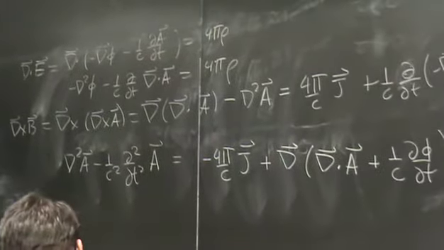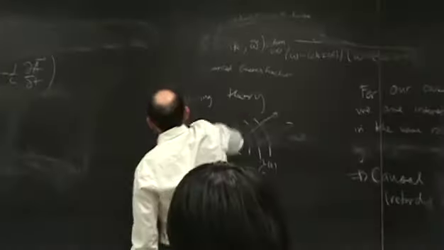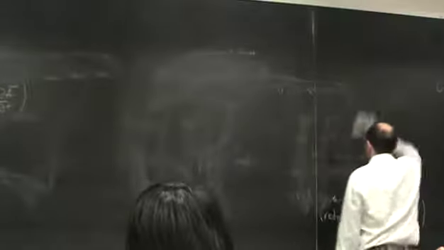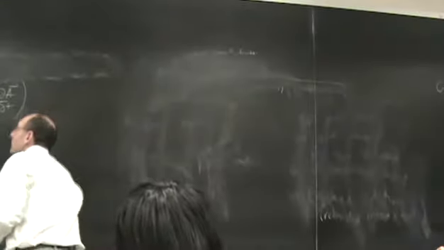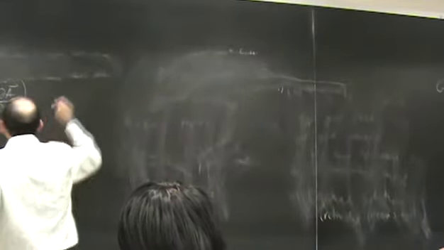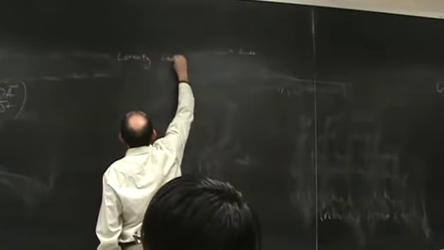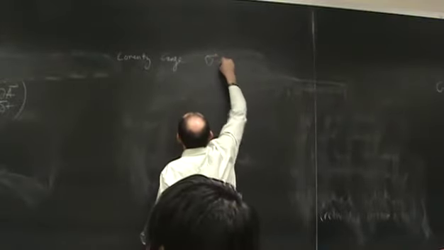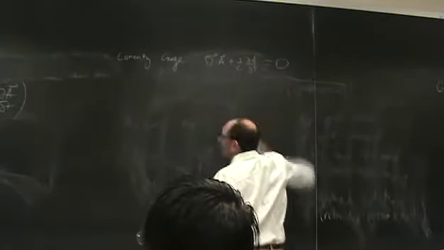Let's start with the Lorentz gauge. So we choose the Lorentz gauge: del dot A plus 1 over c d phi/dt is equal to 0.